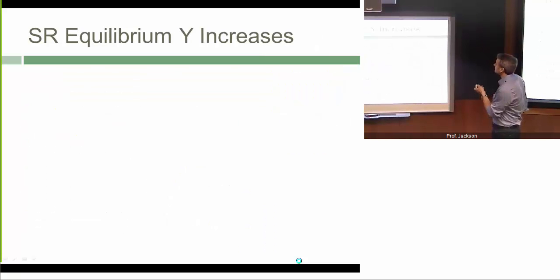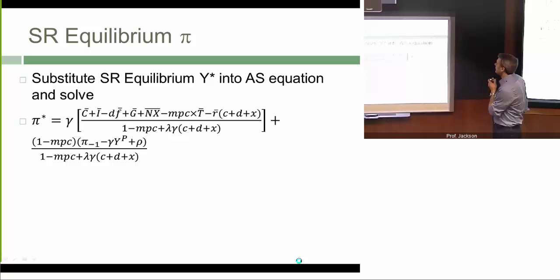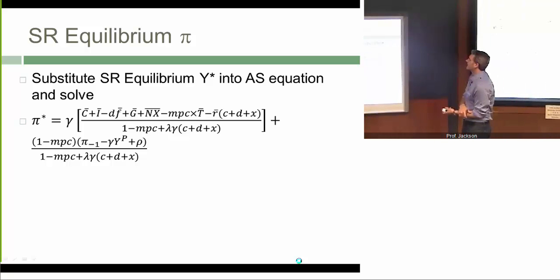Okay, so we just went through the output story in the short run. What about inflation? Well, this is fairly straightforward. Again, the basic way that we get to our equilibrium level of inflation is to simply substitute our equilibrium level of output back into our AS equation and solve.